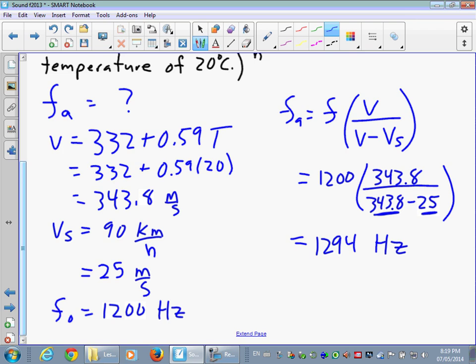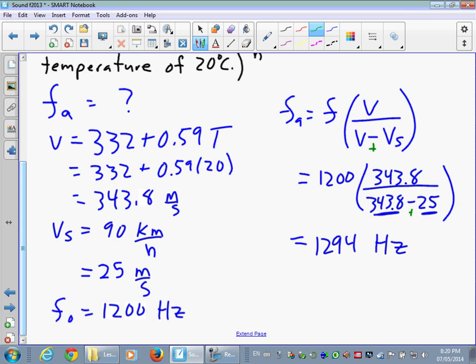If we were to find out what it would be like once it's past the child, all we would really need to do is put in a plus sign over here and add that 25 instead.